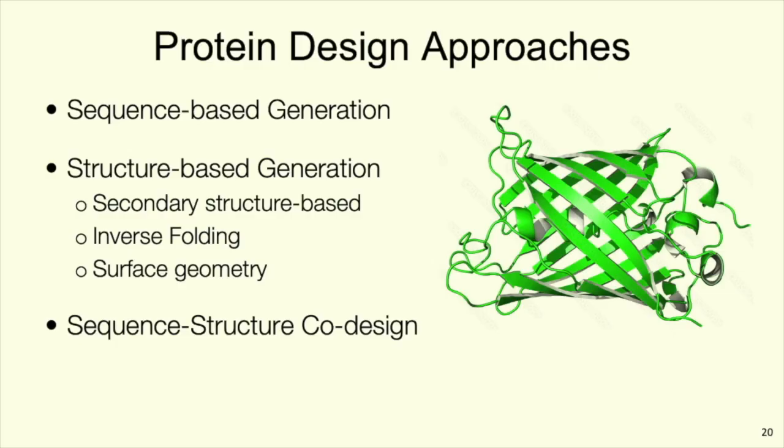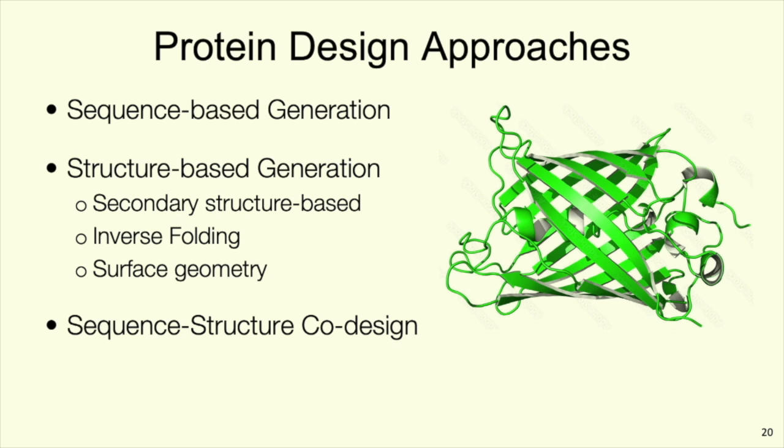So for protein design, I roughly categorize the approaches into three categories. The basic one, which many of you might find the algorithm familiar, is sequence-based design, or sequence-based generation. And then we go from sequence to structure.